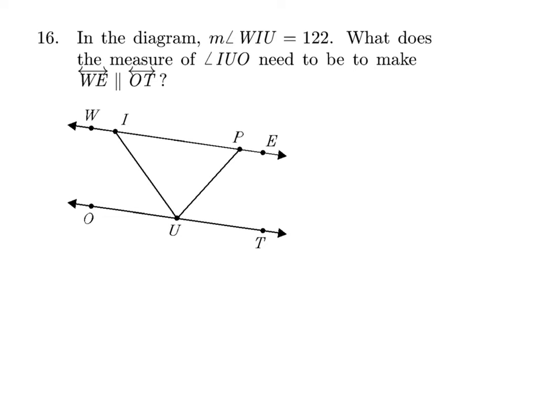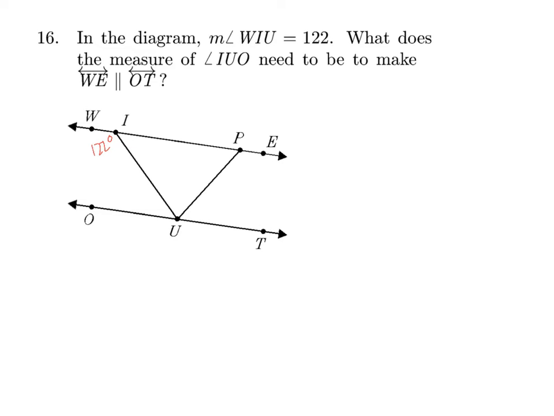All right, in the diagram, measurement angle WIU is 122. What does the measure of IUO need to be to make WE parallel to OT?